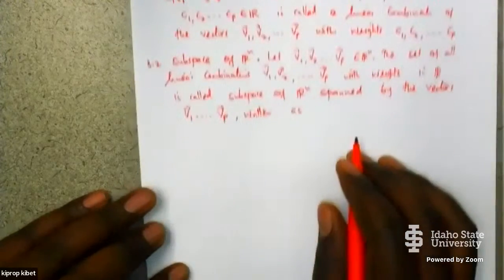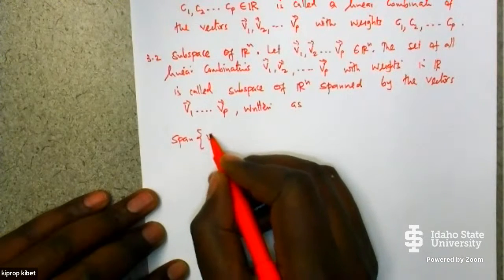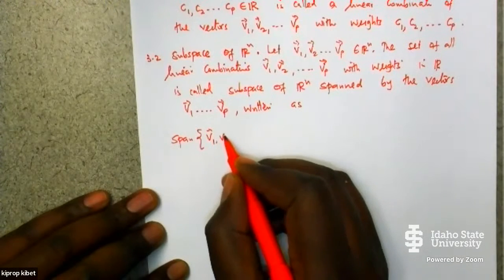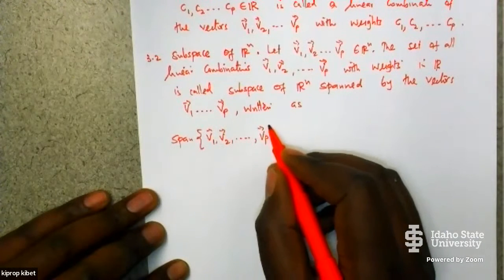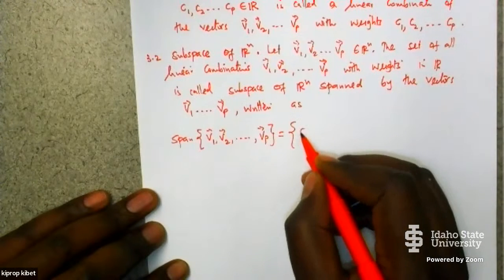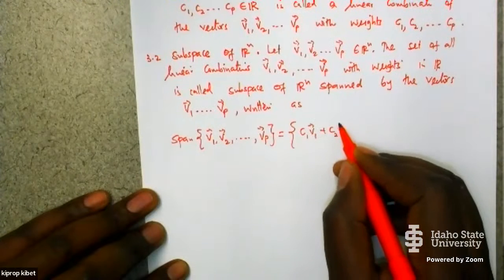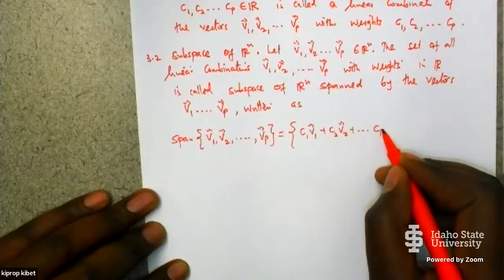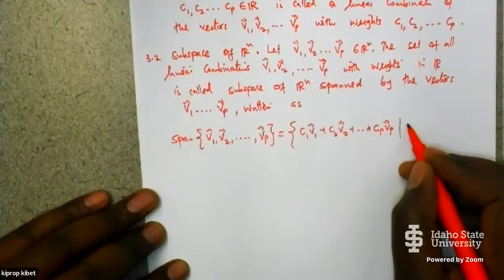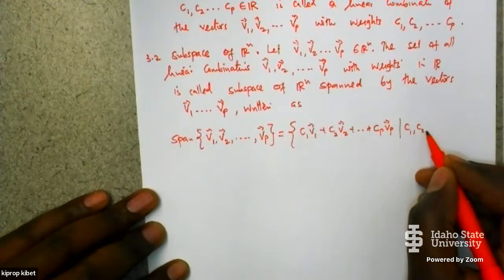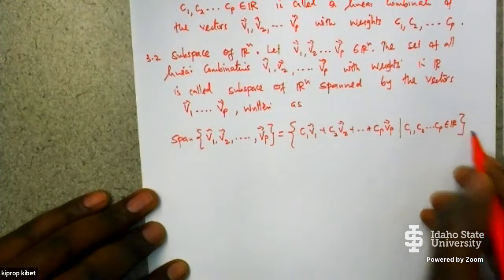which is written as the span of V1, V2, all the way to VP, which equals C1 V1 plus C2 V2 plus up to CP VP, where C1, C2, up to CP are elements of the real numbers.